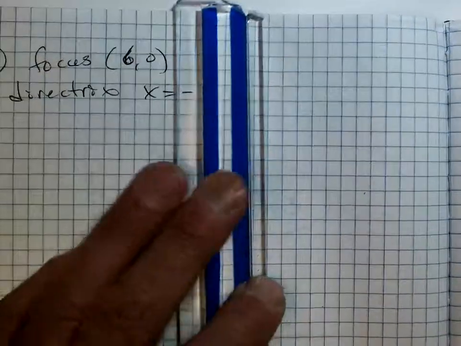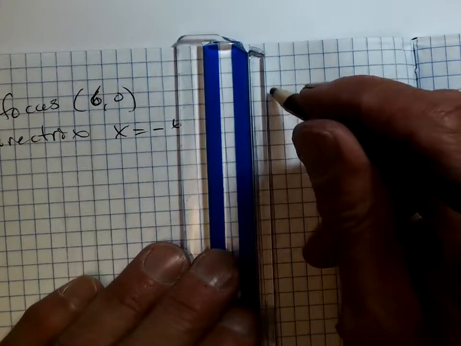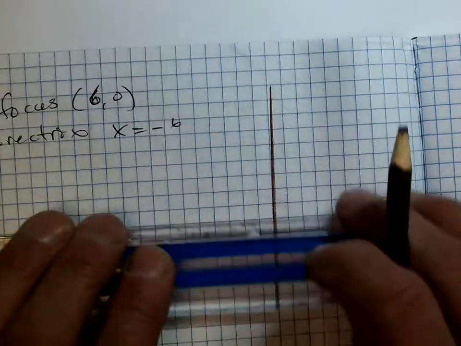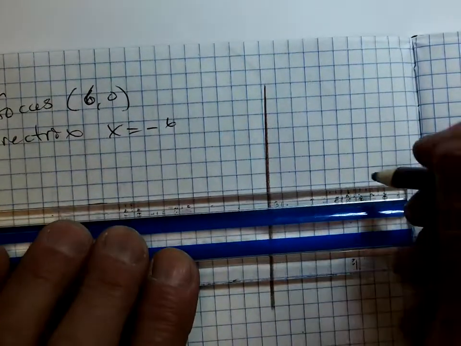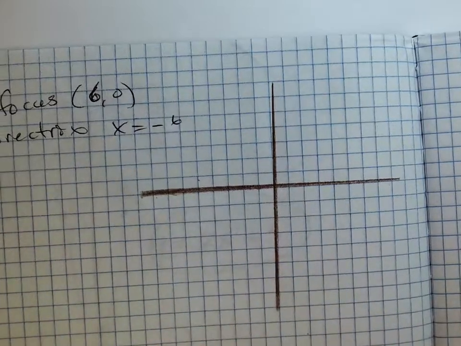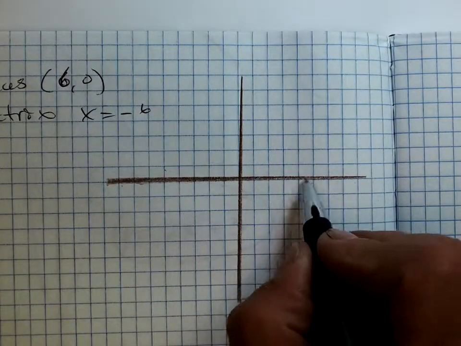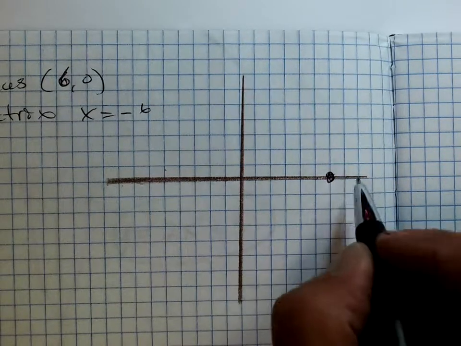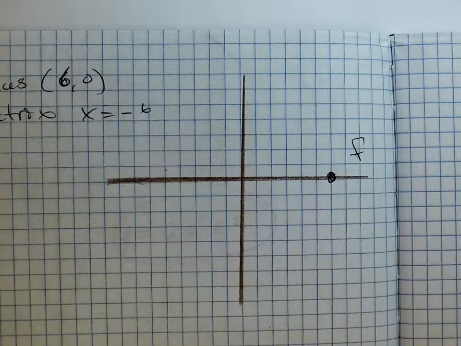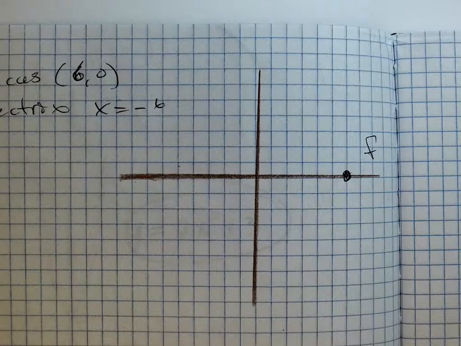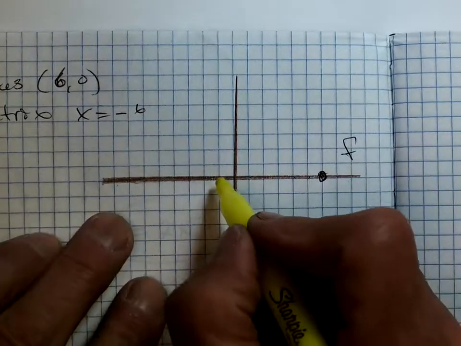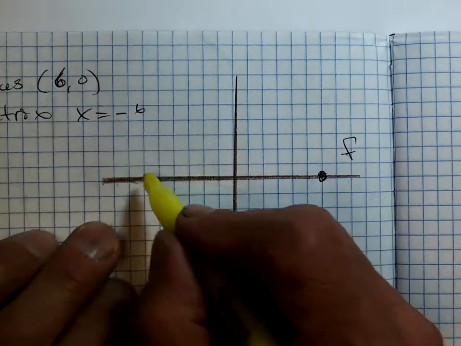If I can graph it, I can do it, okay? So if I have a focus at 6, 0, 1, 2, 3, 4, 5, 6, and a directrix at x equals negative 6, 1, 2, 3, 4, 5, 6.